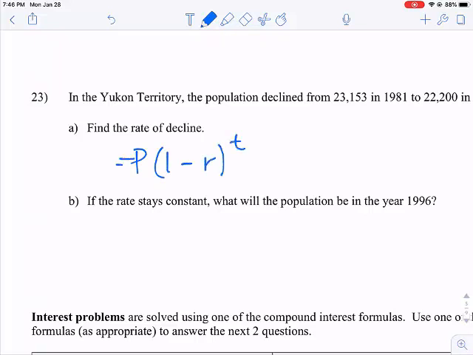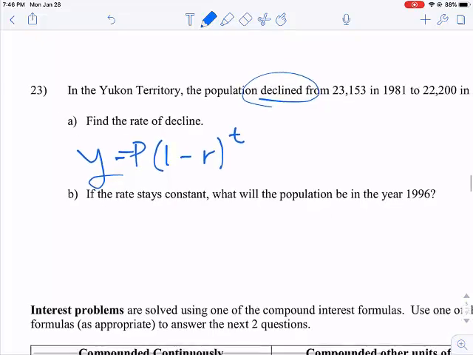So this is kind of anytime you see something that's going down in size or value, so you're going to be working with this. So you can go ahead and give this one a try. I think it's a good idea since you are looking for a negative r. So when you subtract the 1, you'll end up having to divide by -1 because you're not going to have a negative rate otherwise. So give that one a try.